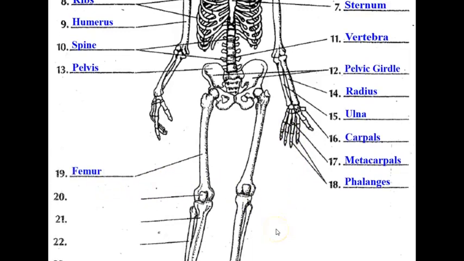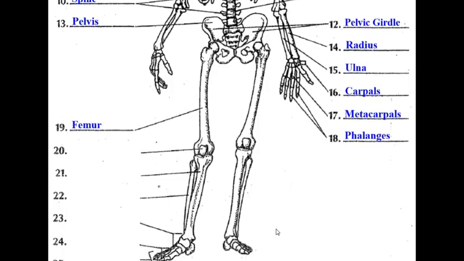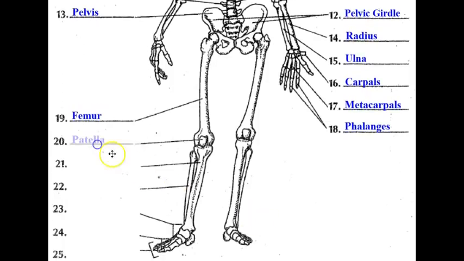Your thigh bone is called the femur. Your kneecap is called the patella. The big bone in your lower leg is called the tibia. And the smaller bone in your lower leg is called the fibula.